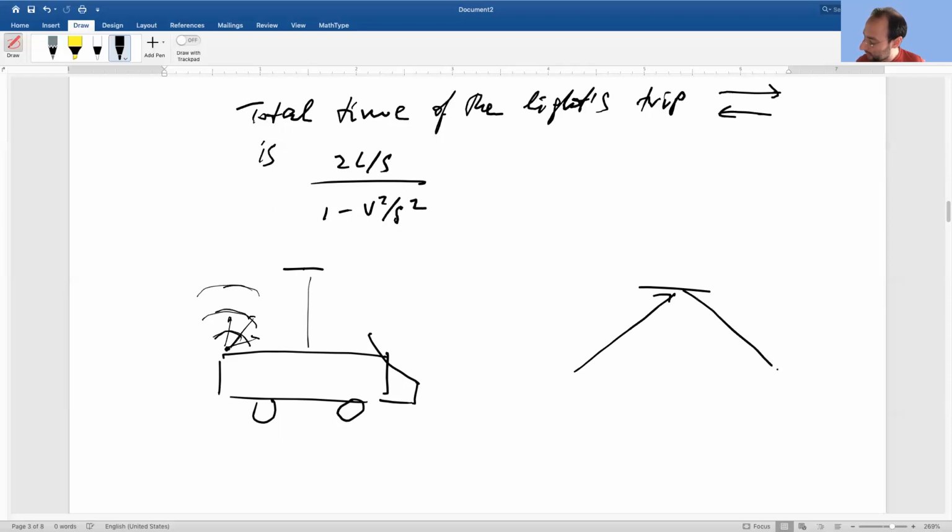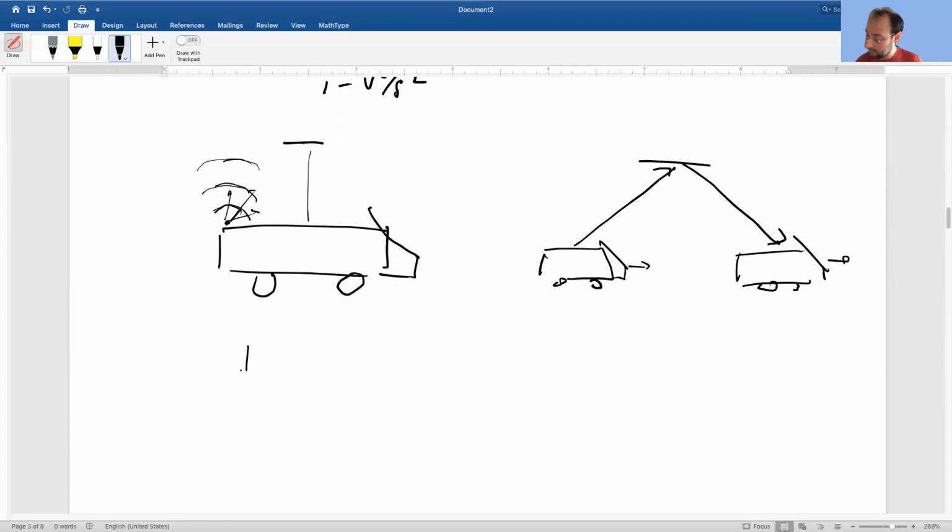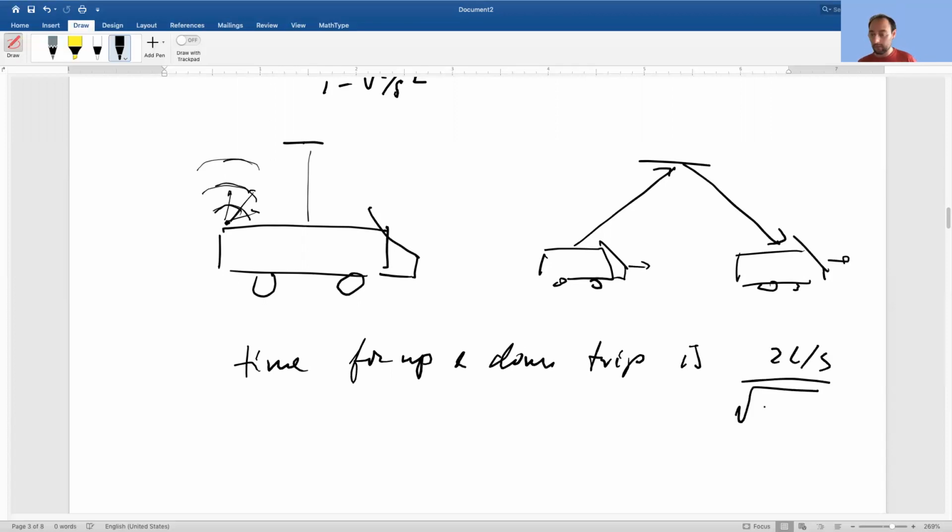So this is what it's going to look like. This is the car when it was sent, and this is the car when it was received. The car is moving. And so you can do the calculation, and you would find that the time of trip up and down is actually different. It's 2L over S divided by the square root of 1 minus V squared over S squared.